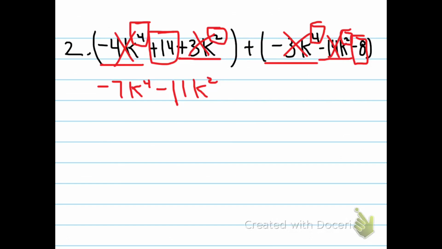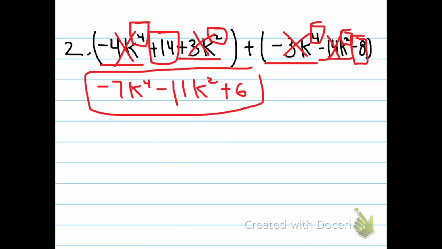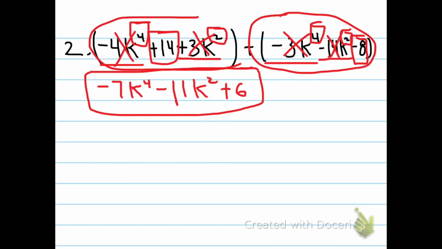A +14 plus a -8 is a +6. So this is your answer. And you could have done it the other way by putting this underneath this, but do whatever is best for you and easier for you.